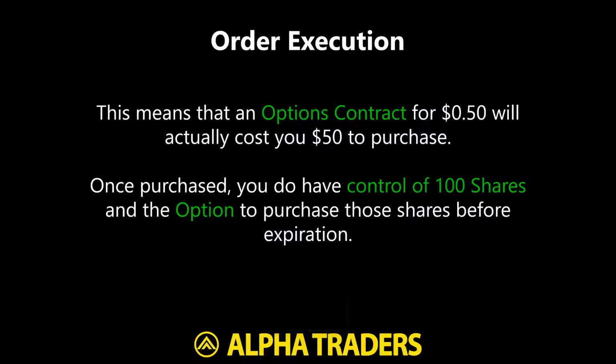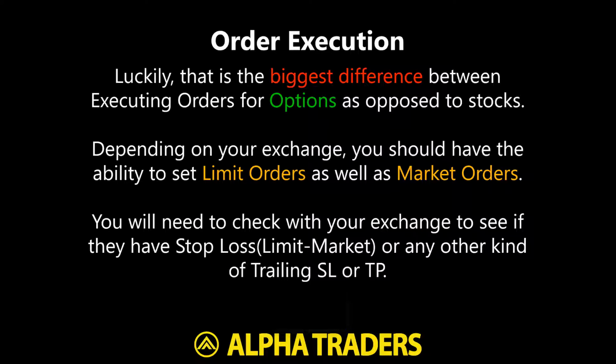Once purchased, you do have control of 100 shares for a buy or a sell, but that's still considered one single contract. You can buy 10 contracts if you would like, all at 50 cents, and that's going to run you $500. But then at that point, you would be in control of 1,000 shares.